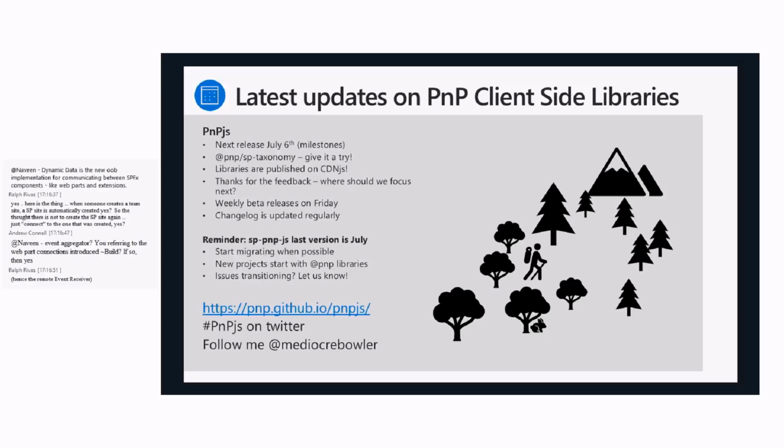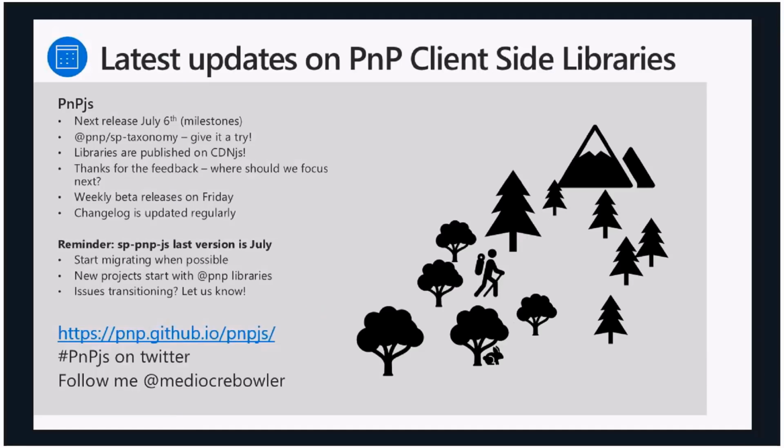So links to the docs, the github.io link there for the PnP JS docs. We try and have as much information there as we can. We got a comment that the docs aren't very good this week. We get that comment a couple times a week generally. If you see a problem with the docs, do let us know. We do try and improve them. And if you have a couple minutes, please do help us with the docs. We can very much use that help.